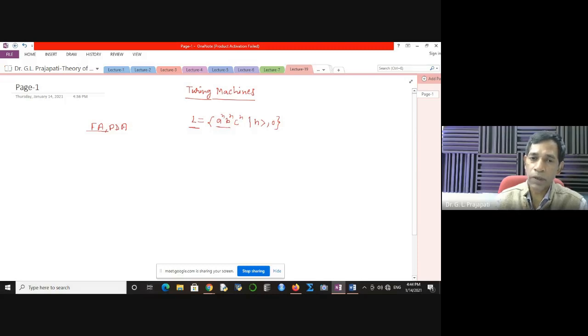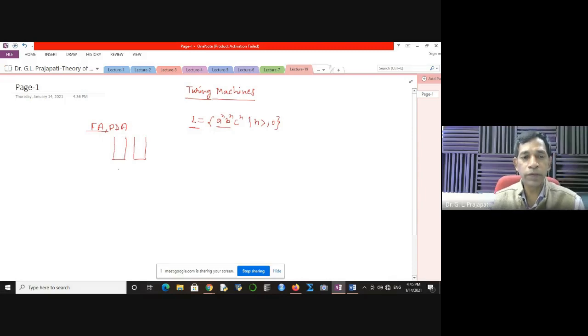But how can you also match the same number of C's? The number of A, number of B, and number of C you need to match. So in the case of PDA, one stack is not possible. You have to use two stacks for this language.